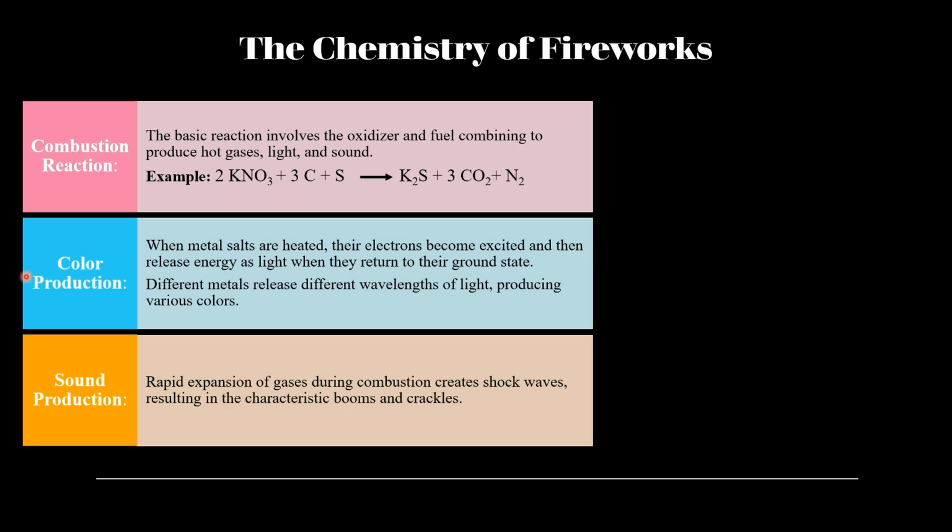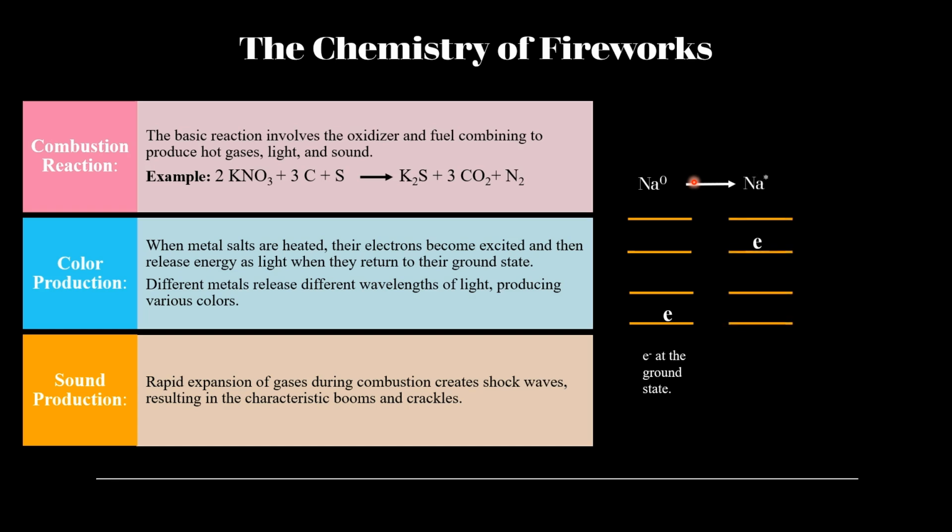Color production. When the metal salts are heated, their electrons are excited and then they release energy as light. You can see in this diagram, initially the electron is at the ground state. So when a sodium atom is thermally excited, the ground state electrons jump into the high energy states.